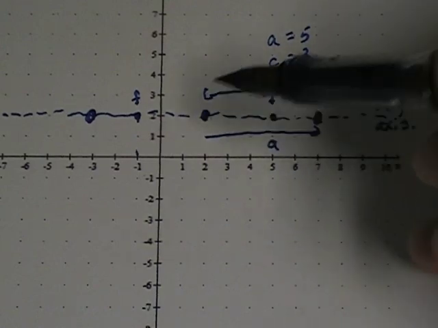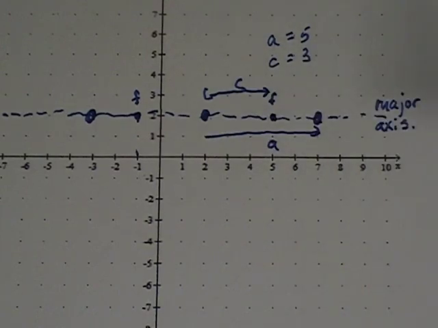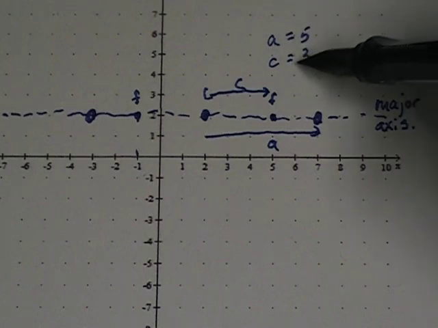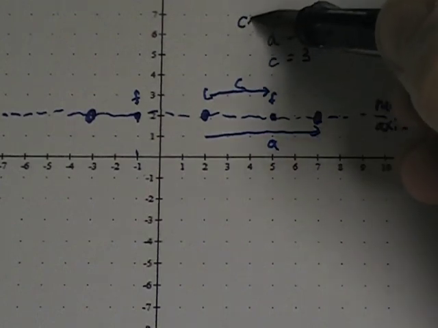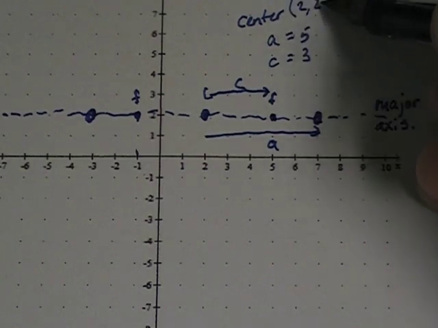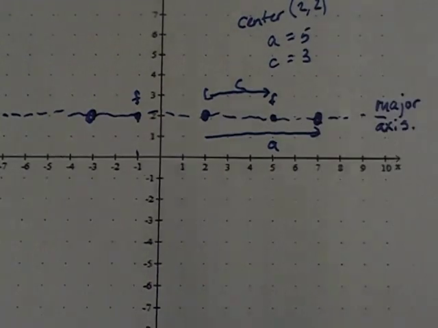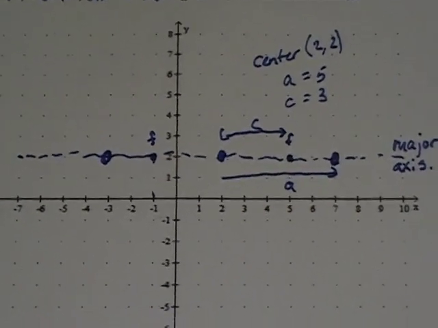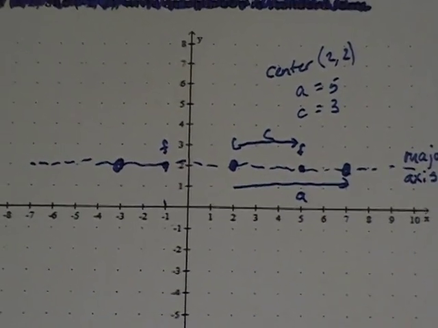And that's just our center here. So we know A is 5, we know C is 3, and we know the center is at (2, 2). So it's been moved up 2, and it's been moved to the right 2.